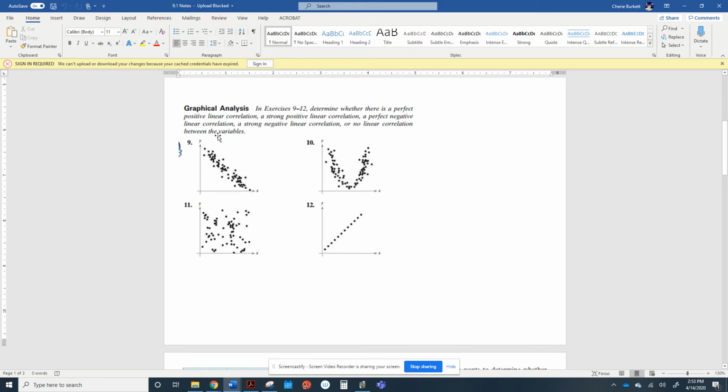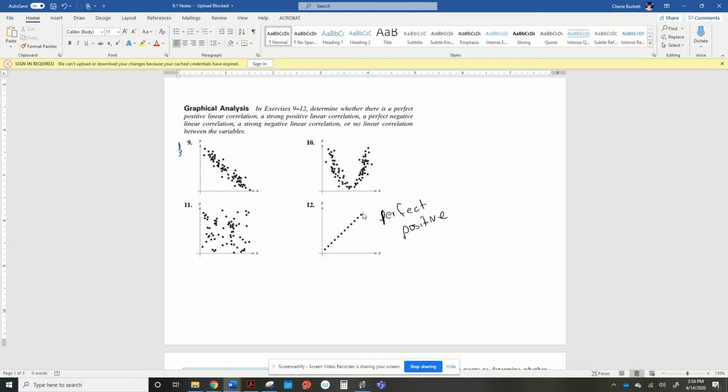Then you'll need to talk about how strong it is. For example, this right here, how those all lined up in a perfect line. You could draw a line and it would pass through every one of those points. That's a perfect correlation. This one right here is a perfect positive, and the reason it's positive is because as x increases, y also increases.